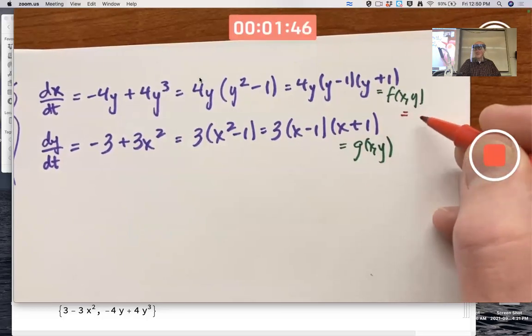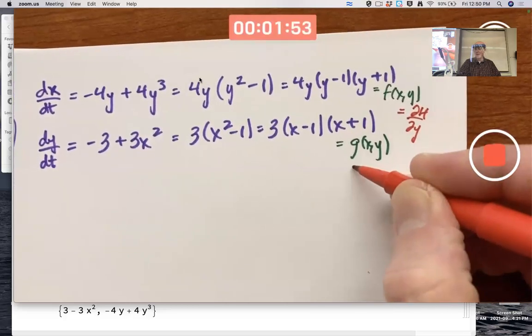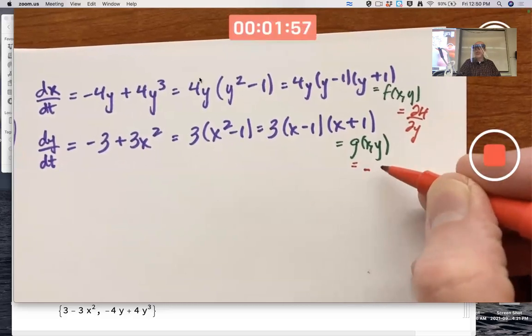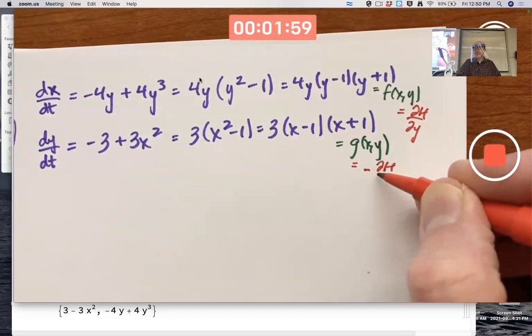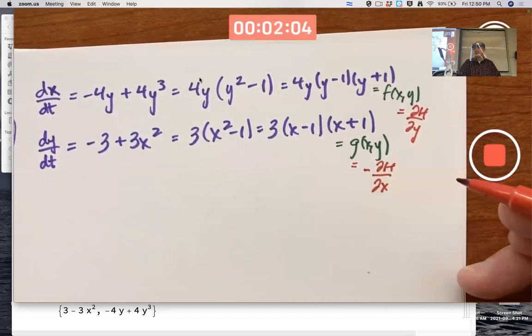The right-hand side of the dx/dt equation will be the partial derivative of some function with respect to y. And the right-hand side of the dy/dt equation can be thought of as the opposite of that same function's derivative with respect to x.